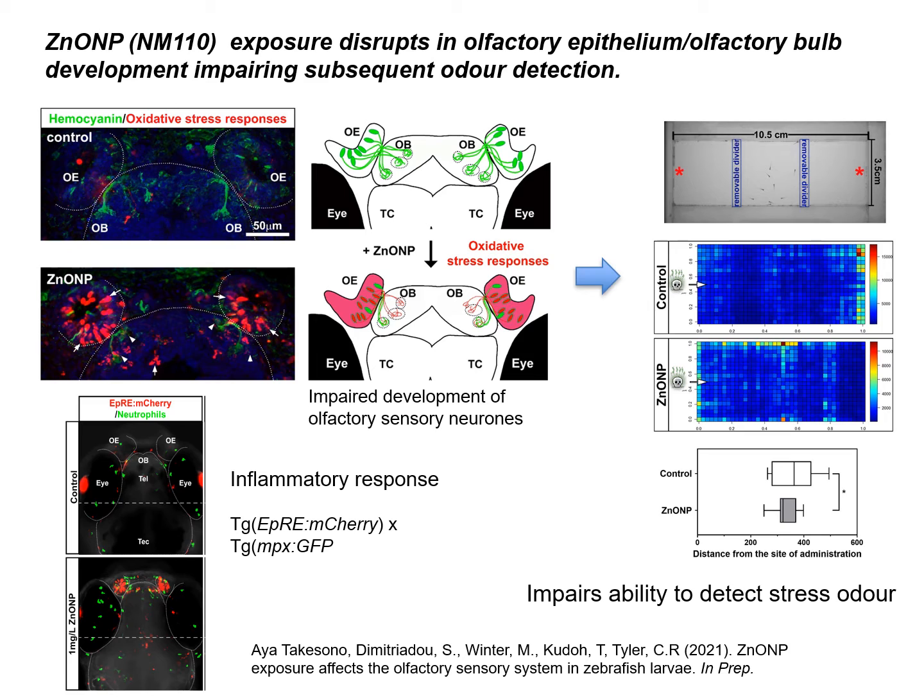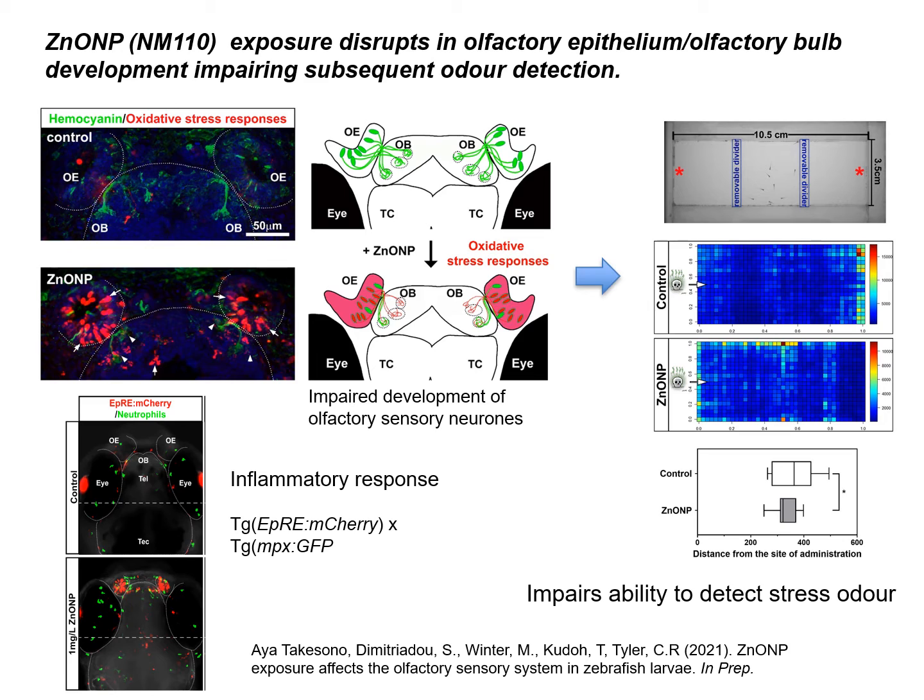So those exposures to zinc oxide nanoparticles, which are causing this disruption in terms of development, are also inducing this sort of inflammatory response. She then took those larvae, which she exposed during early life, and did some behavioural tests, and she was able to show that the ability to detect a stress odor was impaired as a consequence of that early life stage exposure. The larvae were placed in these chambers and allowed to move freely, and then stress odorants were introduced into the chambers at both ends of the exposure chamber, and then movement was mapped.